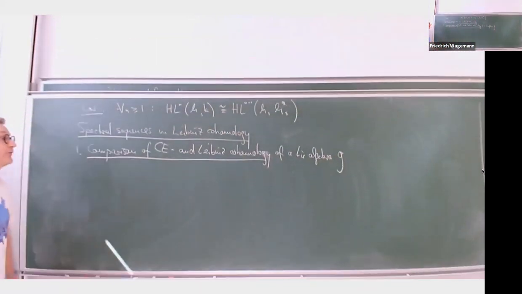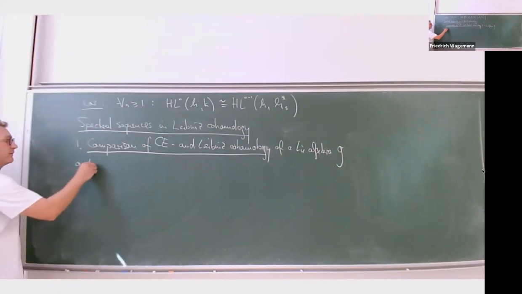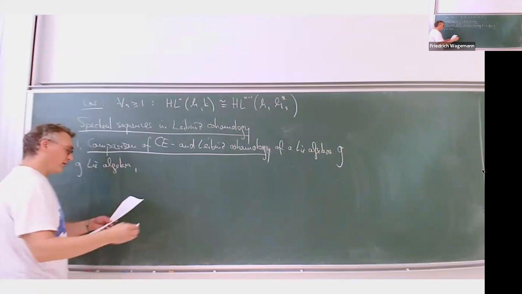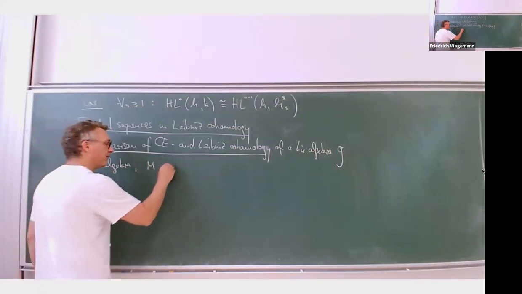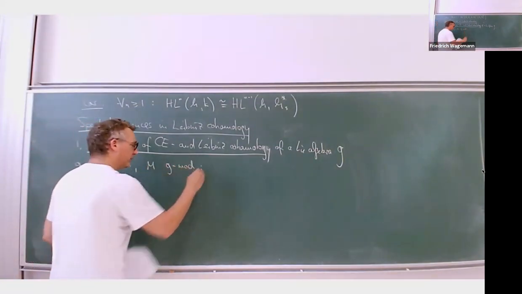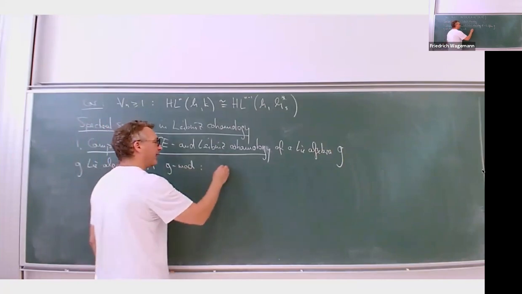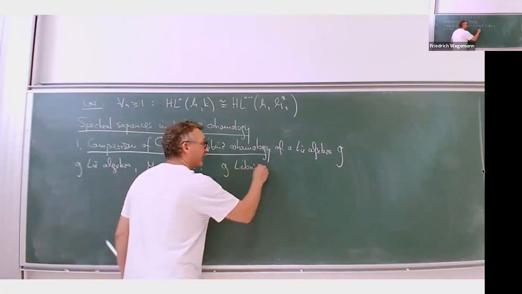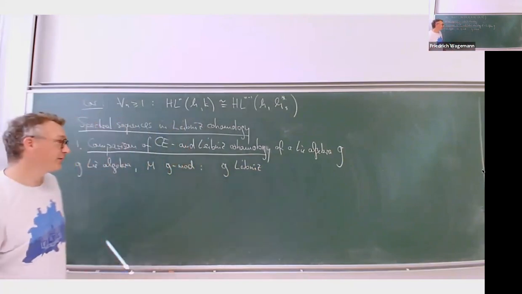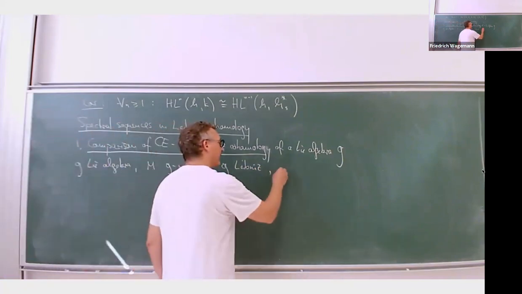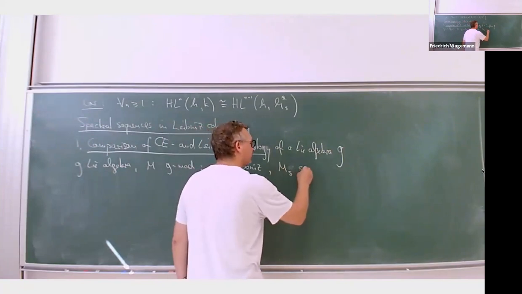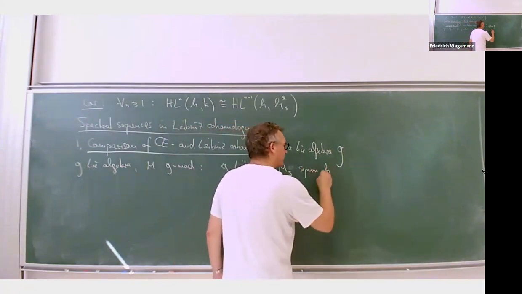So when you take a Lie algebra g and a g-module M, you can look at g as a left and right Leibniz algebra, and at M as a symmetric g-bimodule.